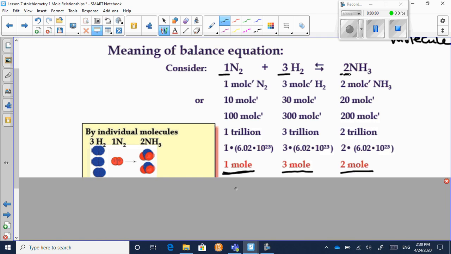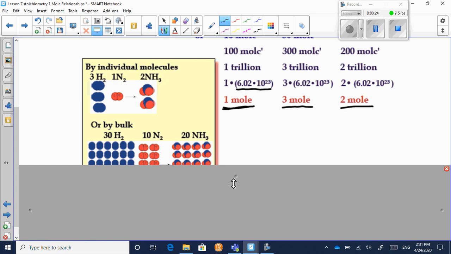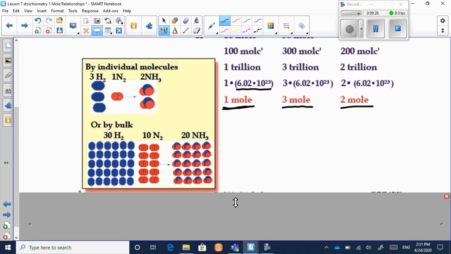And remember, the term mole just replaces a number. It's like a dozen, but instead of it being 12, it's this really big number here, this 6.02 times 10 to the 23. Okay, so this shows you a few pictures of what we're talking about here. It's just showing it to you from a pictorial standpoint.